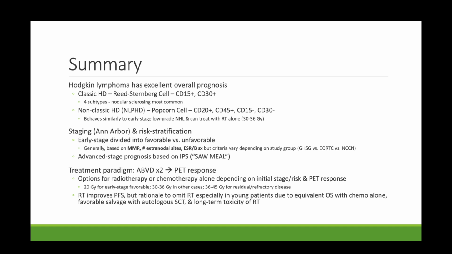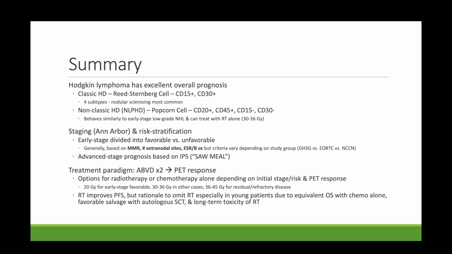For Hodgkin lymphoma, we stage it using the Ann Arbor staging system, and then we risk stratify it as well. So early stage is divided into favorable versus unfavorable disease, and the treatment paradigms are different for favorable versus unfavorable. Things that we think about for making you unfavorable are typically based on the mediastinal mass ratio, the number of extranodal sites, the ESR and the B symptoms, and remember, criteria for favorable versus unfavorable vary depending on the study group.